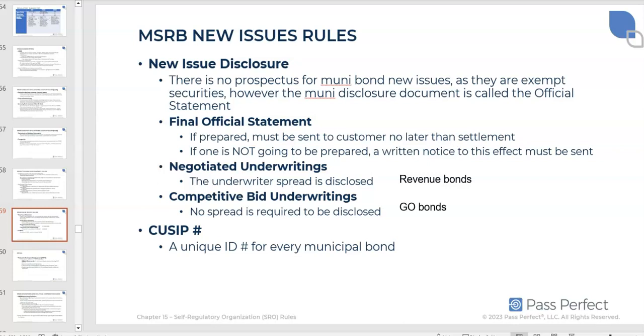How can you tell one from the other, especially with similar descriptions? Well, they issue what's called a CUSIP number, and that's like an ID attached to it. CUSIP stands for Committee on Uniform Securities Identification Procedures. I think it's procedures. Okay, but it's basically a serial number. That way we can tell if we're talking about the same municipal bond or not.